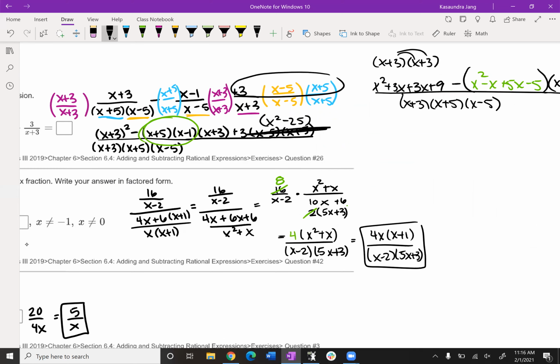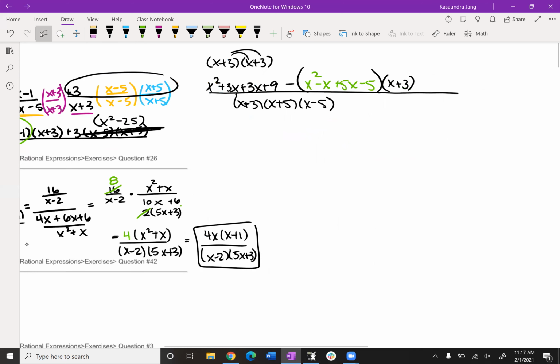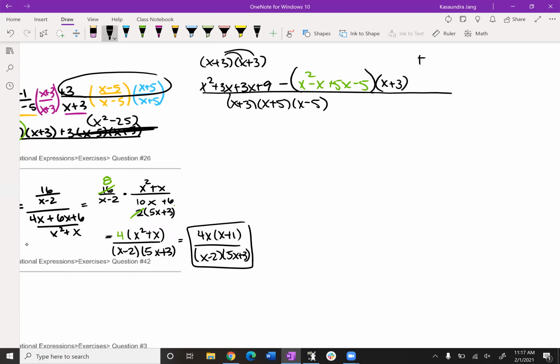So if I do some distributing here, let's see, put this over here. If I take my positive 3 and distribute to the x squared minus 25, I get a 3x squared and a minus 75. All right, so I'm going to put a positive 3x squared and a negative 75. There we go. All right, and I still have a bit of distributing to do.